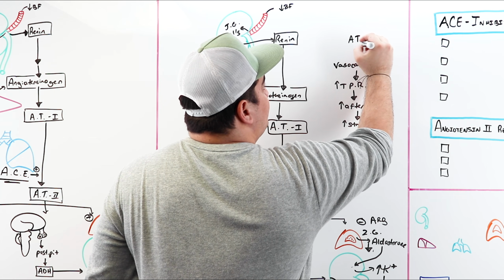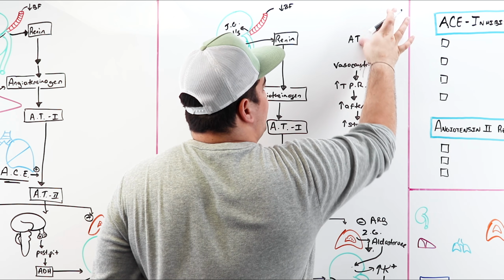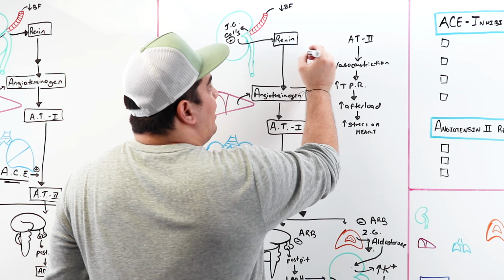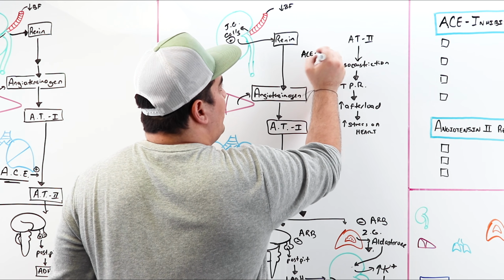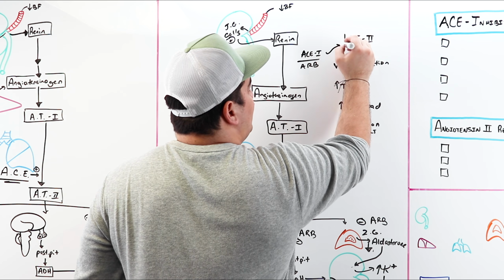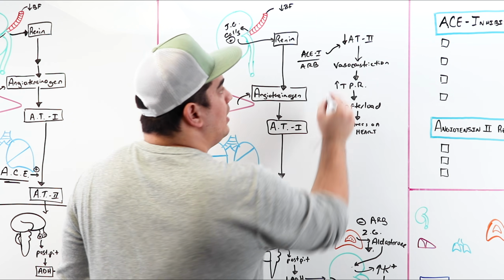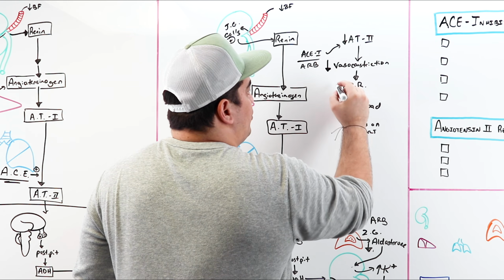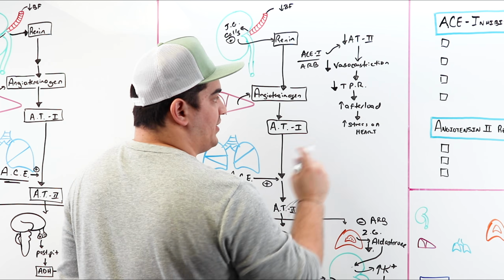Let's go back to angiotensin II. It caused vasoconstriction, right? If we give an ACE inhibitor or we give an ARB, they're going to lead to a decrease in angiotensin II production. That's going to result in less vasoconstriction. If there's less vasoconstriction, there's a drop in the total peripheral resistance.